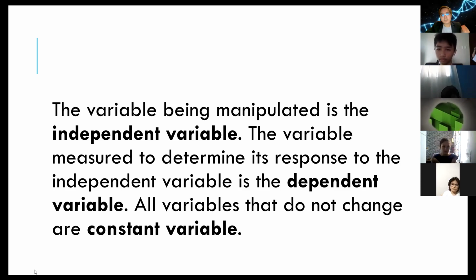We'll be measuring the changes there. And all variables that do not change are considered constant variables. Constant variables are important also in order for us to determine the effect of the independent variable on the dependent variable.